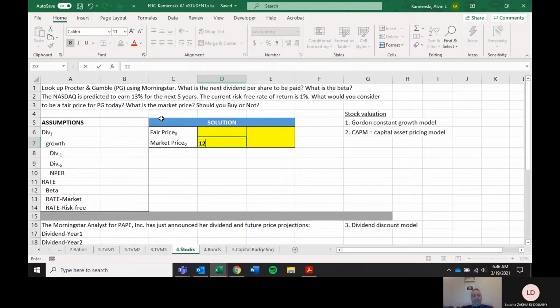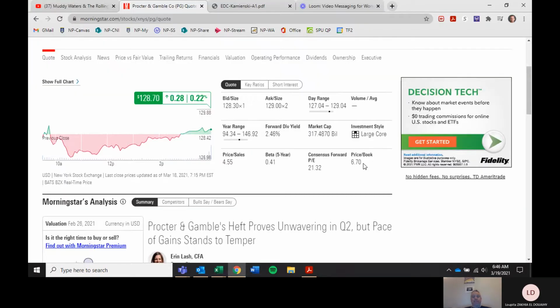Great. That's the market price. So eventually that's what we're going to ask ourselves: is this a good price to pay? Is it too high? Or is it too low? And then, what is the dividend per share to be paid, and what is the beta?